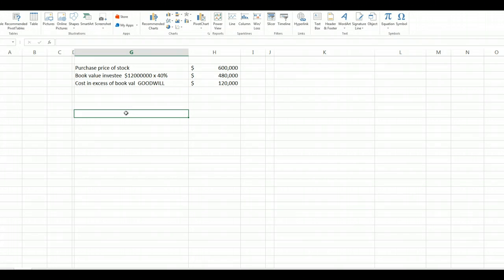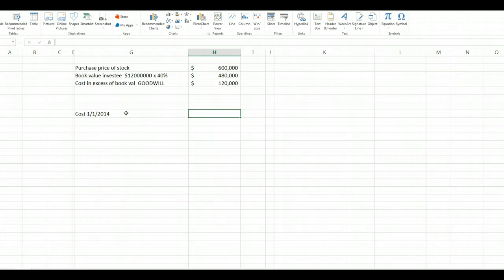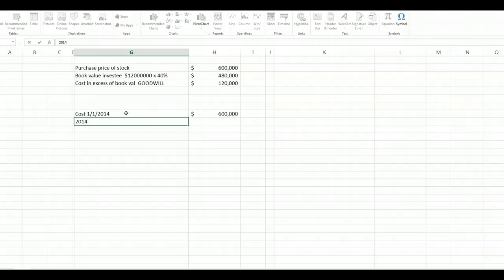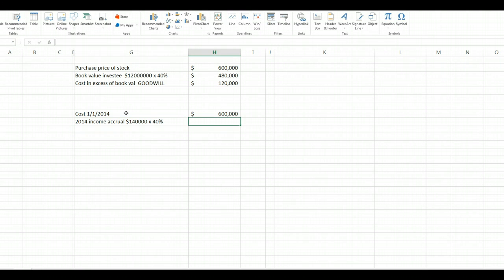So now let's look at how we determine the cost. Basically there is an excess, but we're not going to take an annual amortization on that. So our cost on January 1st, 2014 is what? What is the 2014 income accrual? It was $140,000 at, what's the percentage ownership? 40%? So $140,000 at 40% shows our portion going into our investment account is $56,000.